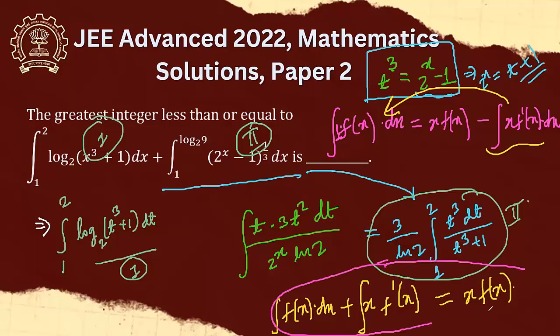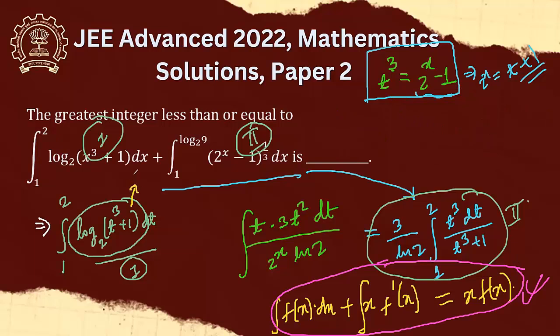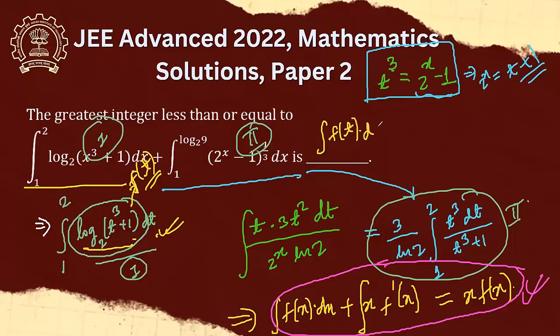I am going to use this property. This function I'll call f(t), let's say. I will apply this property for the function f(t) here. So part 1 is the integral of f(t) dt from limits 1 to 2 for t, plus, what is this thing? Let's find out f dash t.